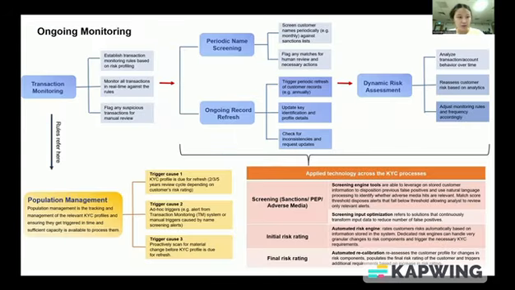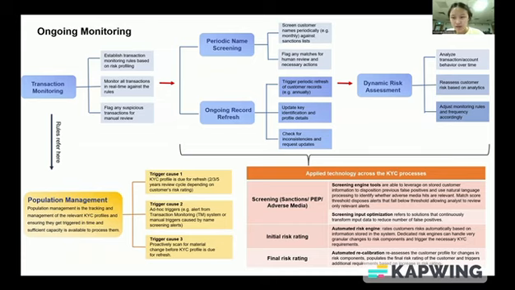Now let's see the details of the ongoing monitoring system. In this part, for the transaction monitoring, when 3 trigger events are triggered, we will start the next part of the risk assessment. There will be periodical name screening, ongoing refresh, and then dynamic risk assessment.